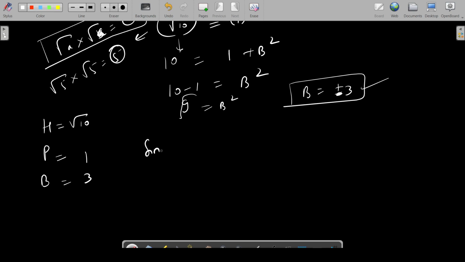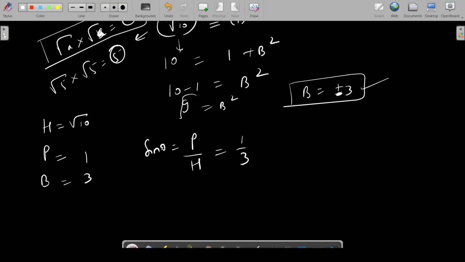Let me start with sine theta. Sine theta is perpendicular upon hypotenuse. I am repeating it multiple times so that it gets pasted in your brain. Revision is the key to success, you know it, right? So sine theta is perpendicular upon hypotenuse, which gives 1 upon root 10.